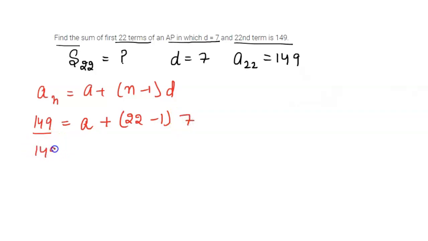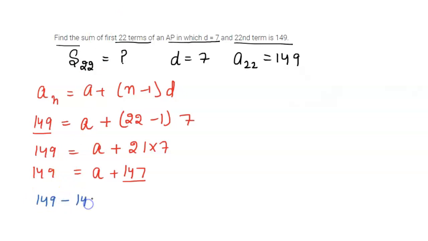So 149 is equal to a plus 22 minus 1 is 21, into 7. 7 ones are 7, 7 twos are 14, so 147. Now 147 is shifted to the other side, so we get 149 minus 147 is equal to a, which is equal to 2.